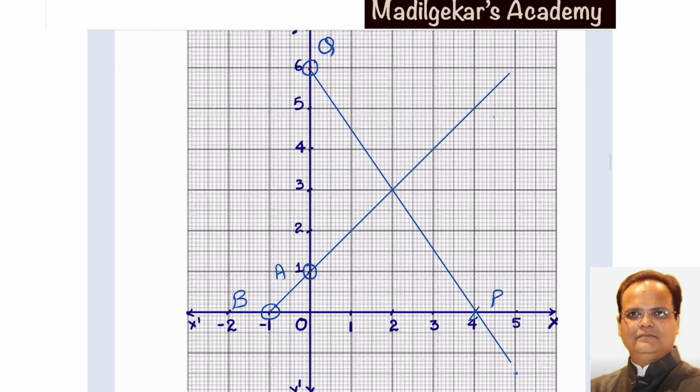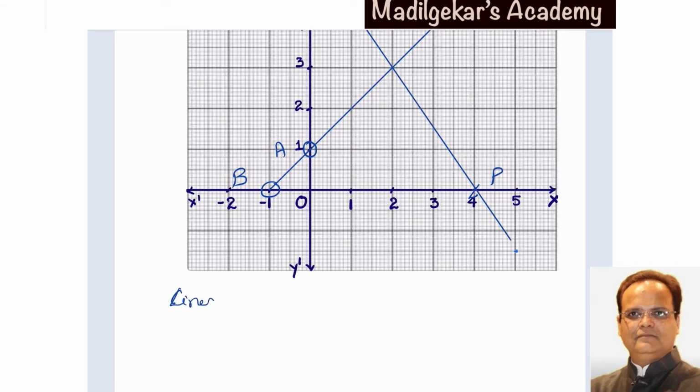As we can see, these two lines intersect at (2, 3). So let this point be C (2, 3).